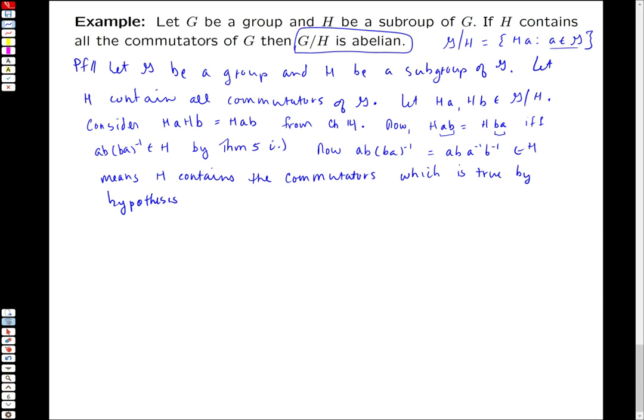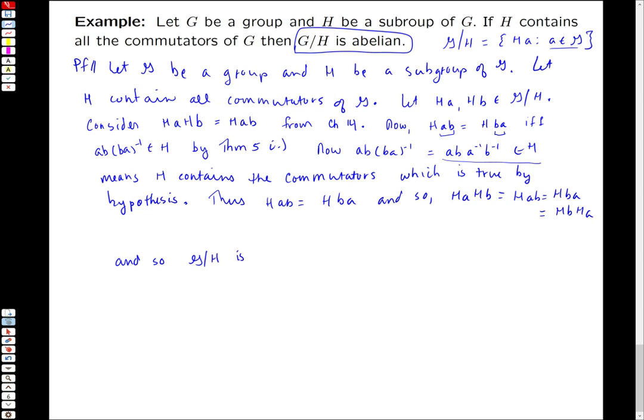So if this is in H, this is true by hypothesis, then you go back and that says, thus Hab is equal to Hba, and then take it one step further. You have Ha, Hb is equal to Hab equals Hba is equal to Hb, Ha, and so G mod H is commutative.